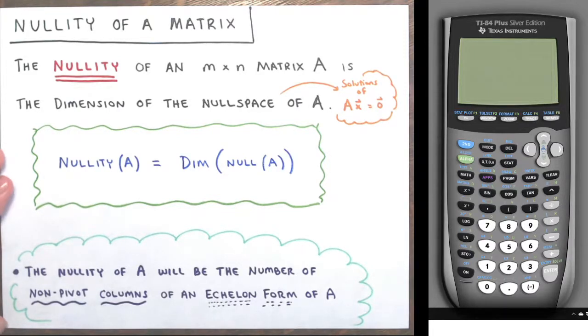The nullity of a matrix A will be the number of non-pivot columns of an echelon form of A. So you take the matrix A that you're given, put it into echelon form or reduced echelon form, and the number of non-pivot columns of that matrix will be the nullity of your original matrix. We'll see that happening in the first couple examples.